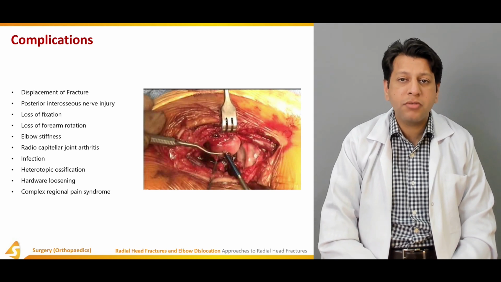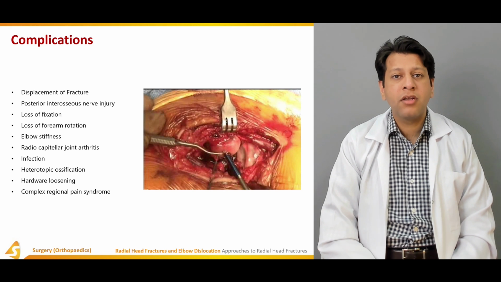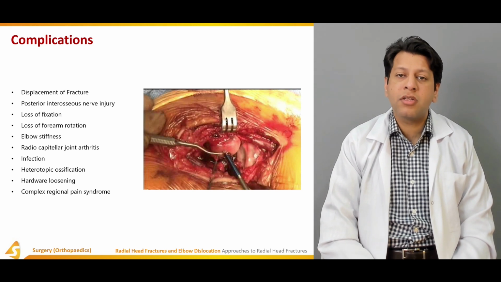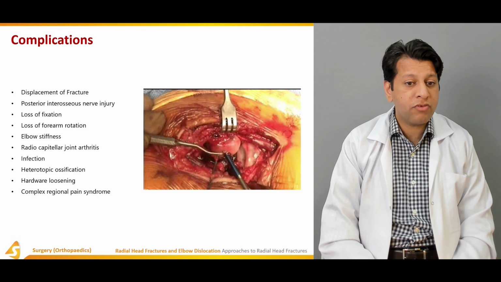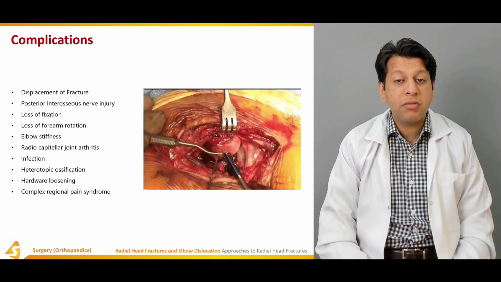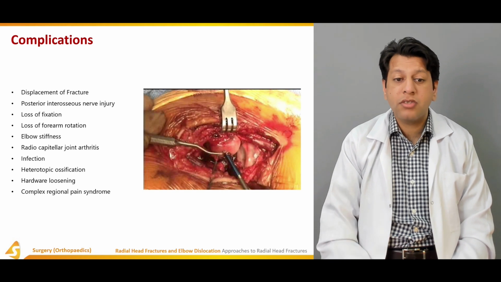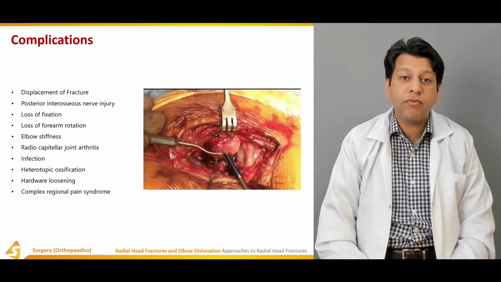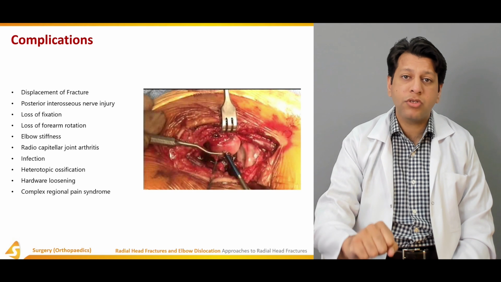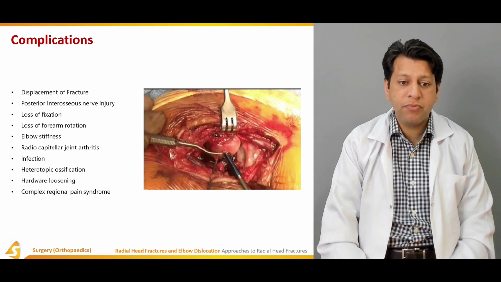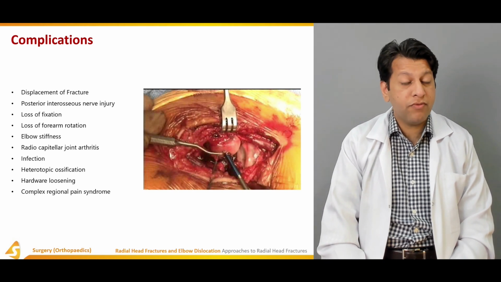The most common is that we reduce the fracture and apply the T-plate, but this results in redisplacement of the fracture. It may be associated with posterior interosseous nerve injury. There may later be loss of fixation, or loss of forearm rotation, especially pronation and supination, which is affected most of the time. Or there could be elbow stiffness.